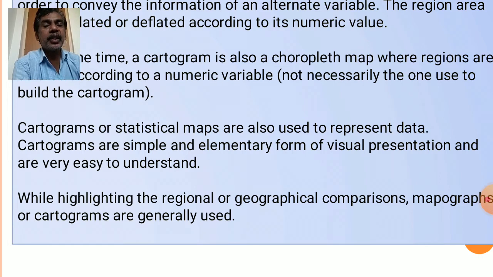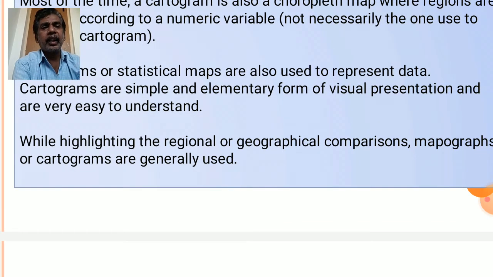Even non-mathematical people, laymen, the uneducated, agriculturalists and other common people can understand the data just by observing the colors shown region-wise or area-wise, highlighting regional or geographical comparisons.